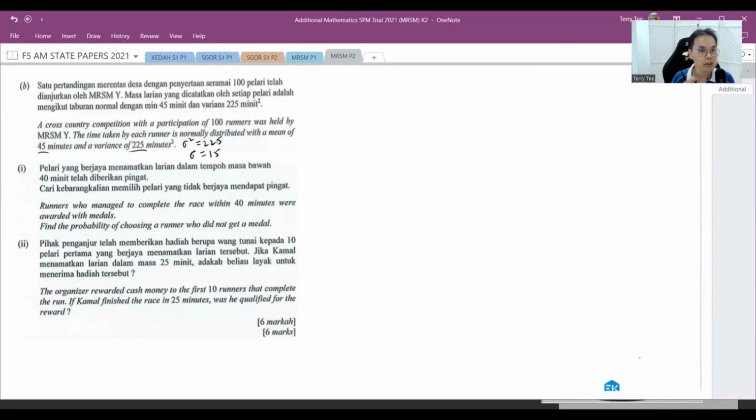Okay, now here, runners who managed to complete the race within 40 minutes were awarded a medal. So find the probability of choosing a runner who did not get a medal. Okay, so you will get a medal if you complete within 40 minutes. So if you don't complete, or should I say, you took longer than 40 minutes, then you don't get a medal, right?